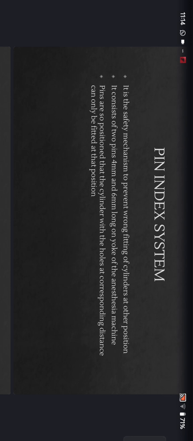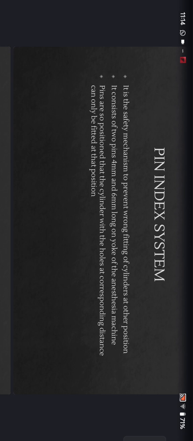It consists of two pins, like 4 mm and 6 mm, on the yoke of the anesthesia machines. The yoke assembly has the pin index, and the cylinders have a pin index on the yoke side.